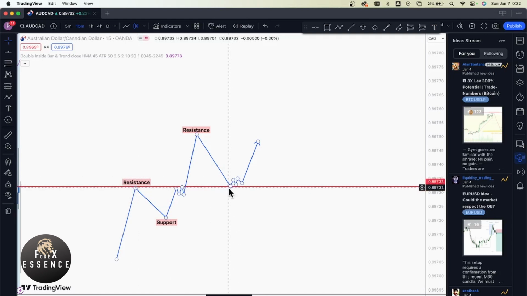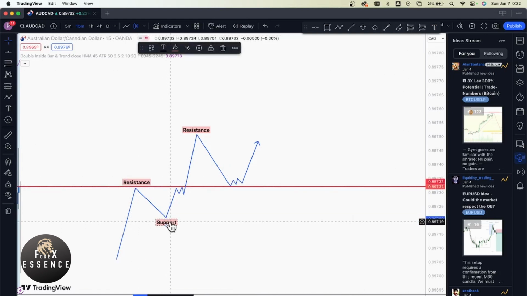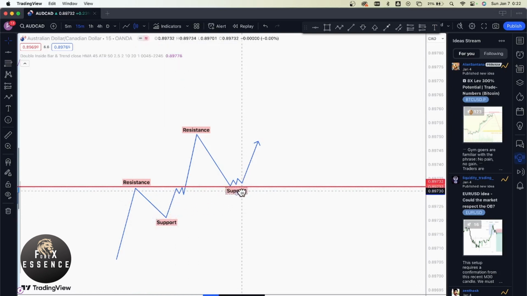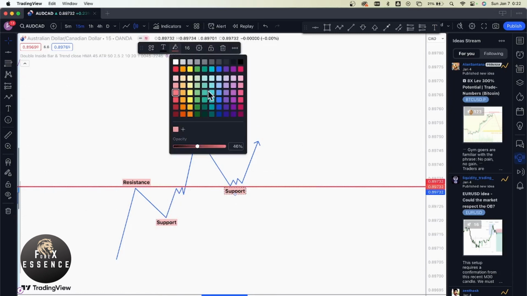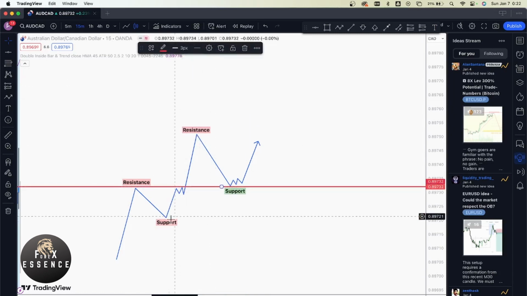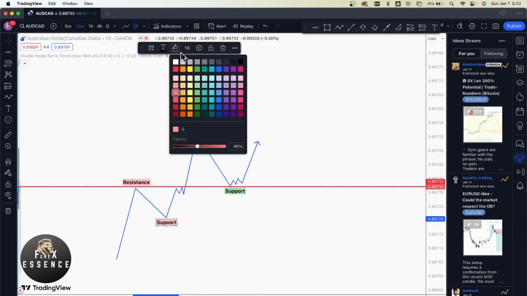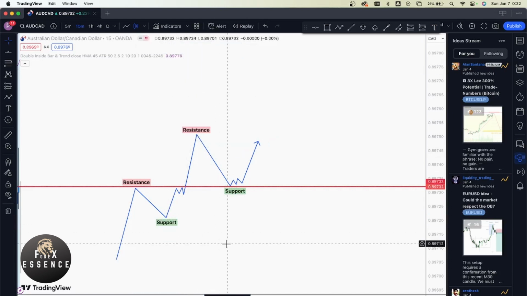Now it's going to use it as a support level. Now you are finding your resistance and support at the same price levels. Just going to change the color of this to green, similarly to this, just so you have a different view there, right? Now, this being your support, this being your resistance.